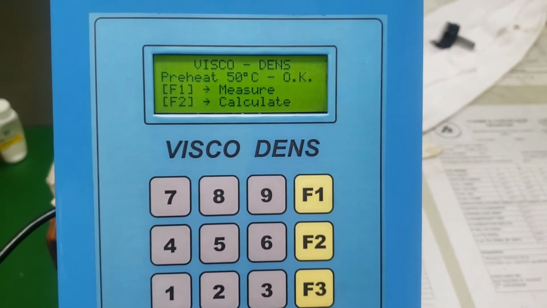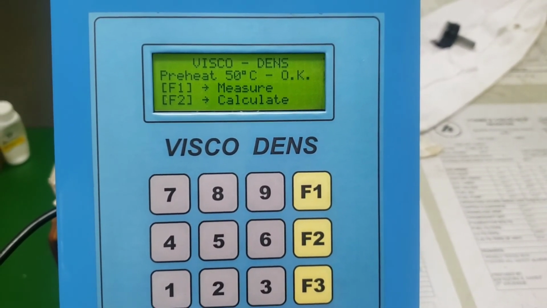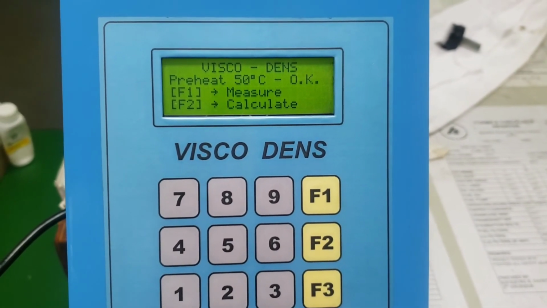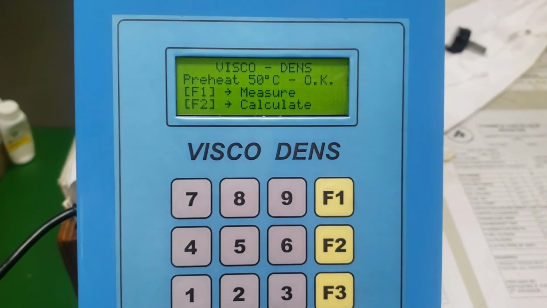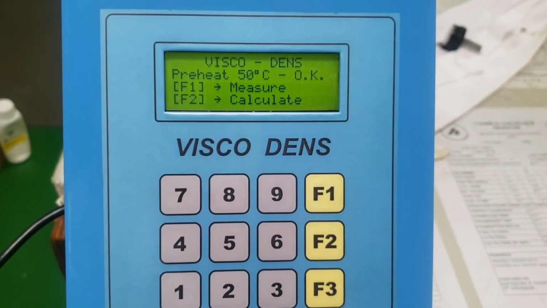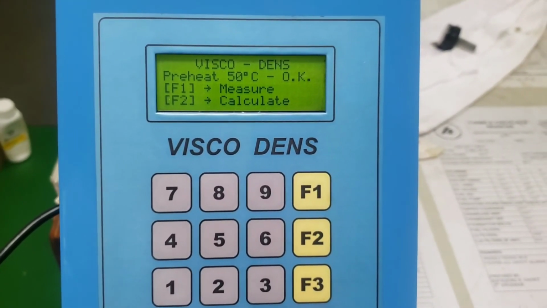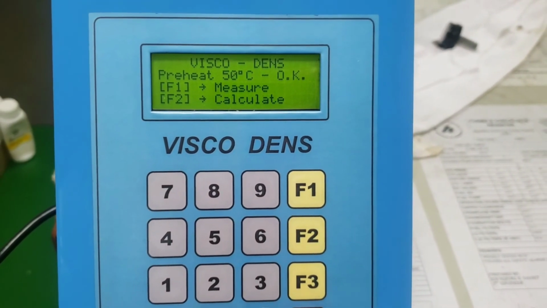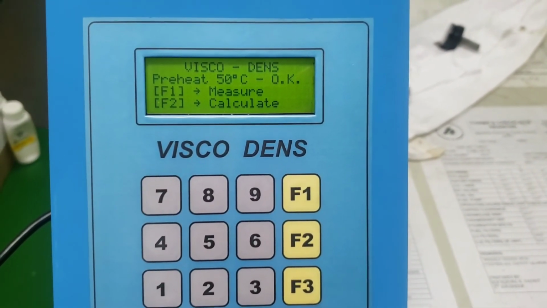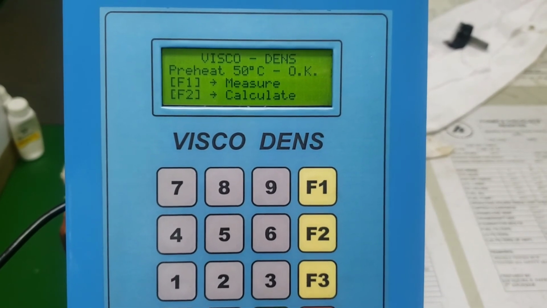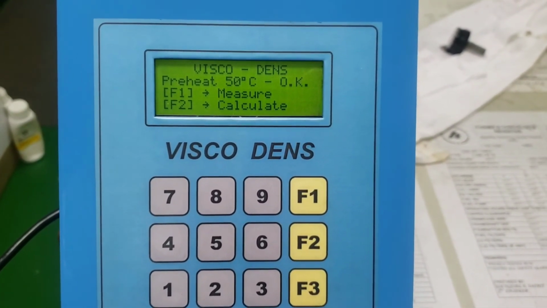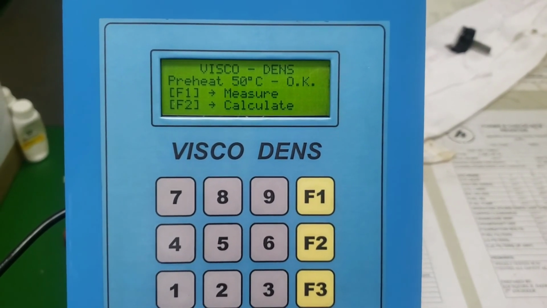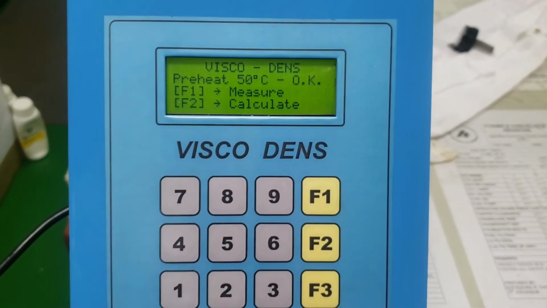This would not reflect on the vessel or the machineries where samples are taken, but this is only to show you how to determine the viscosity of our lube oil.